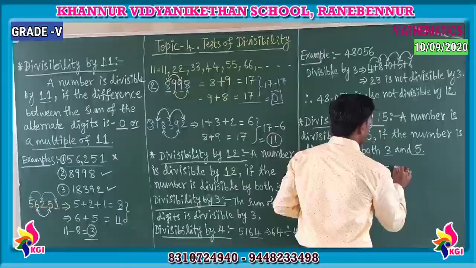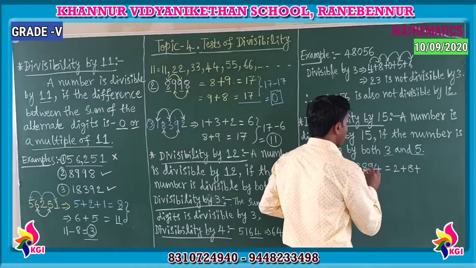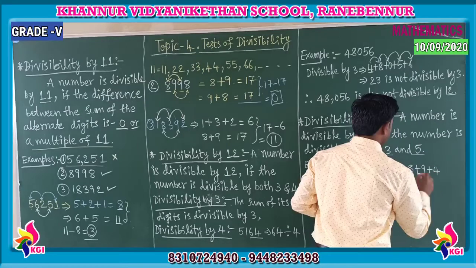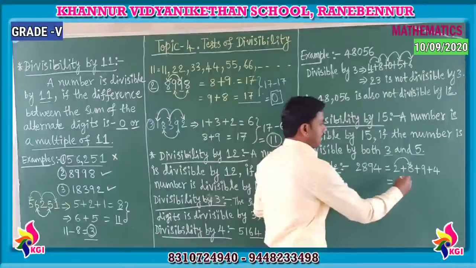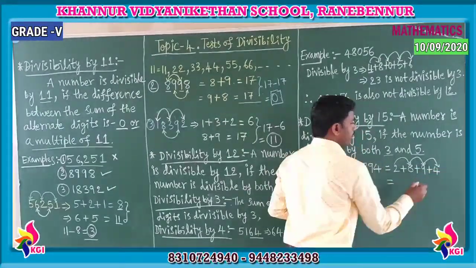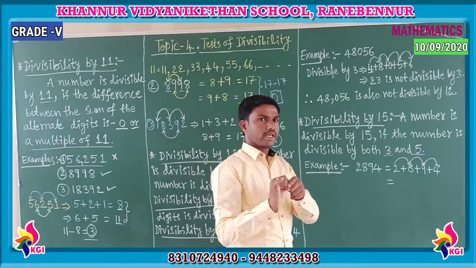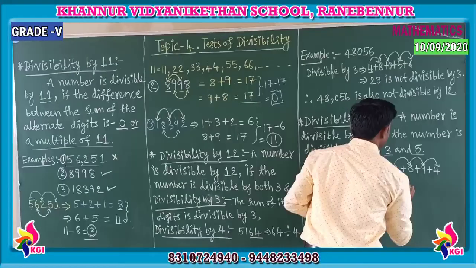First, we have to find the sum of its digits: 2 plus 8 plus 9 plus 4. 2 plus 8 is 10, 10 plus 9 is 19, 19 plus 4 is 23.